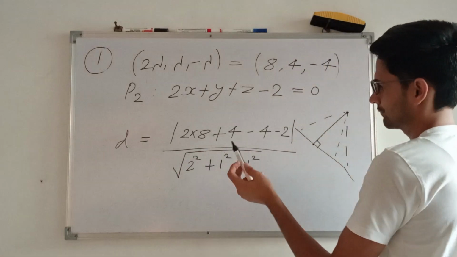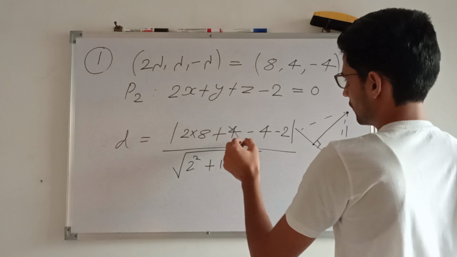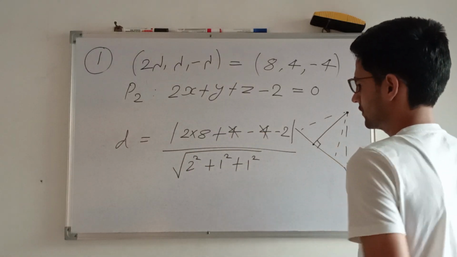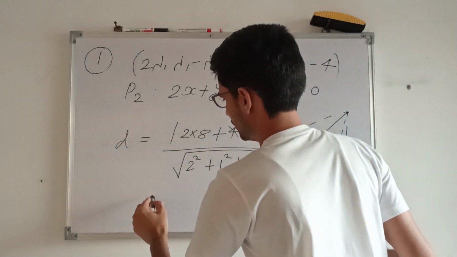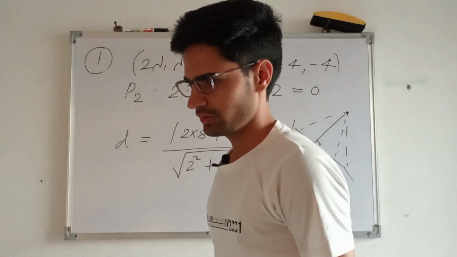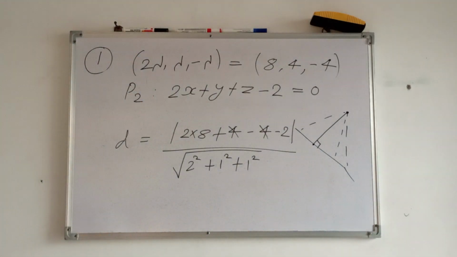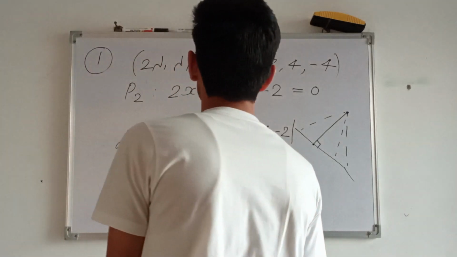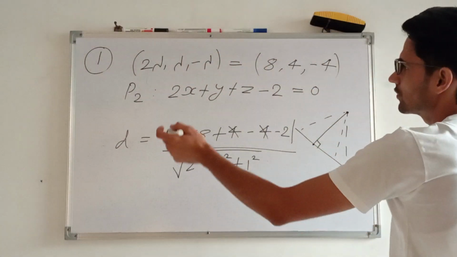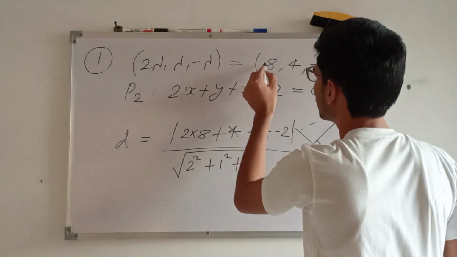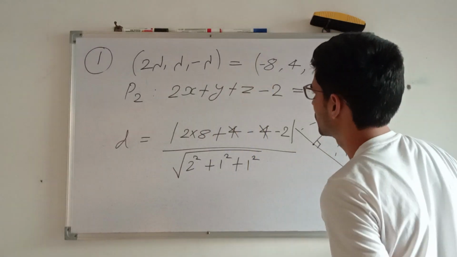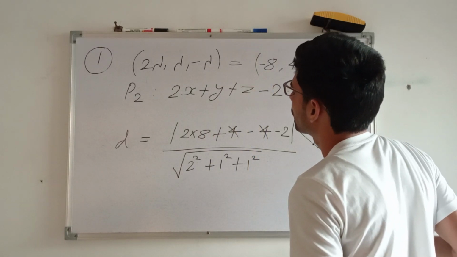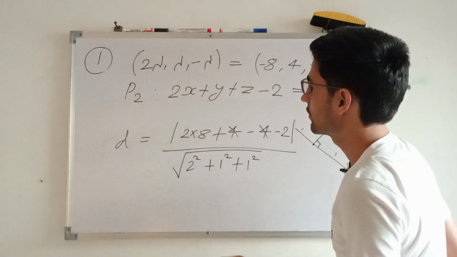What do we get? 4 cancels out. 8 times 2 is 16, minus 2 is 14, upon... What was the lambda value? Lambda value was minus 4, right? Sorry, I think I put lambda is equal to 4, but the value of lambda was minus 4.